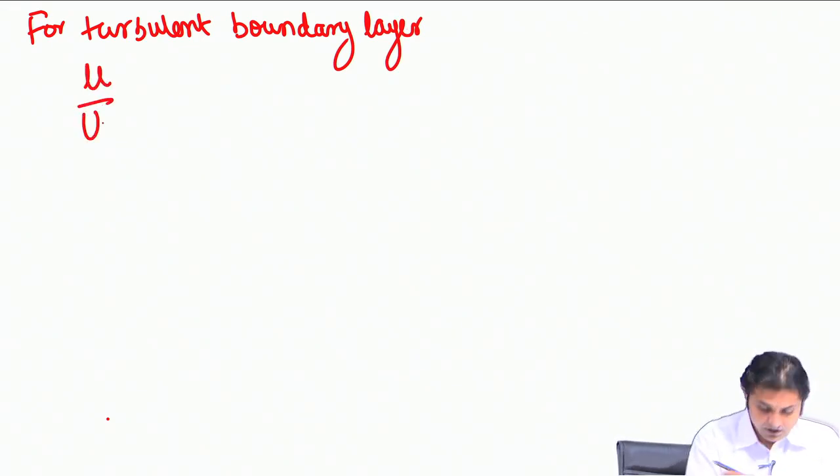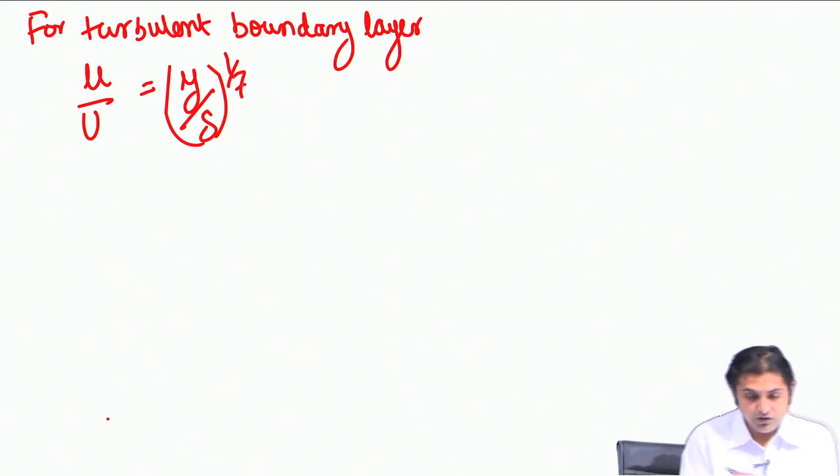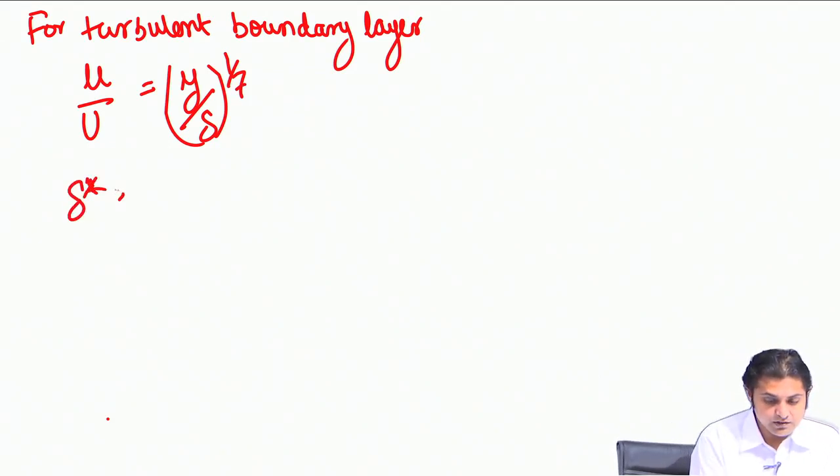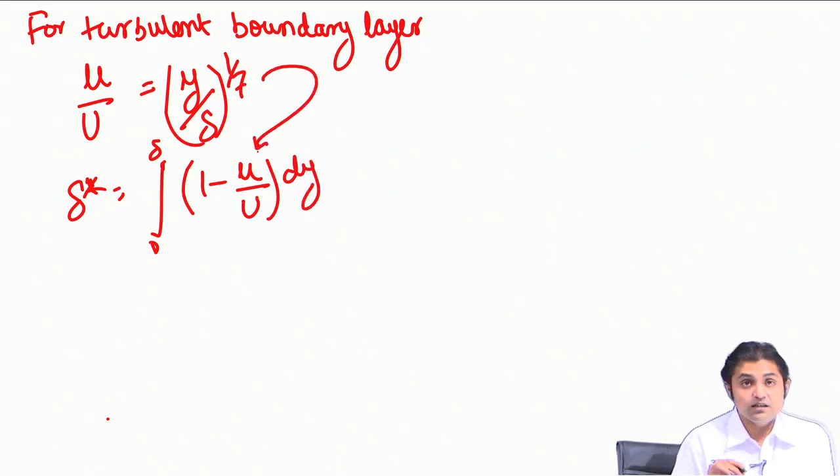U by capital U, the velocity profile, is y by delta to the power 1 by 7. So, the displacement thickness by definition is integral 0 to delta of 1 minus u by capital U dy, and we plug it in here.